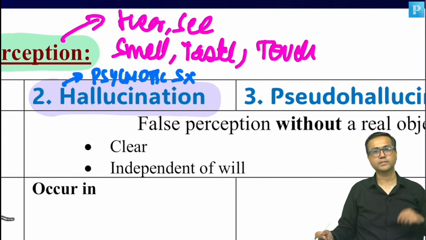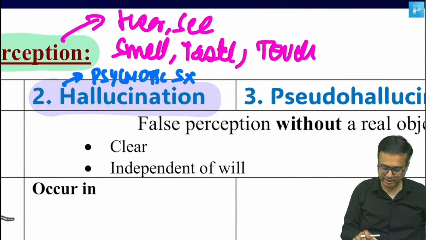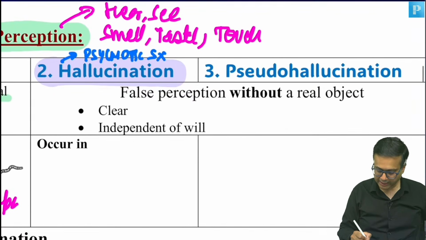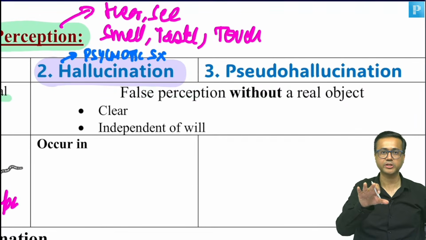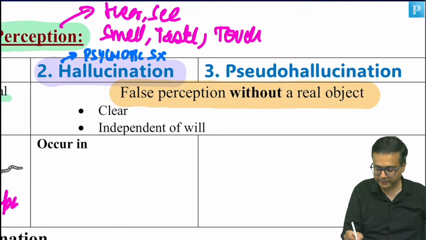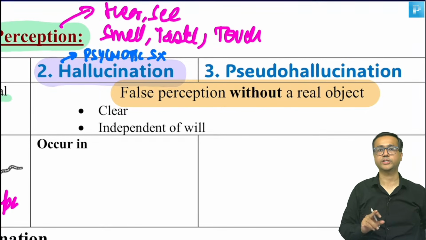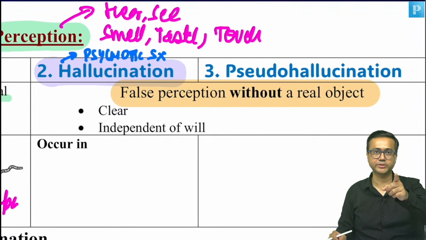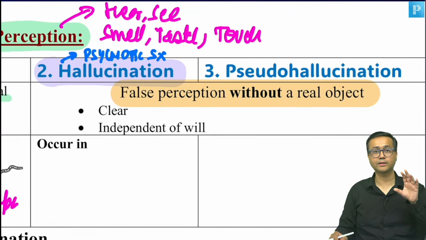Remember, hallucination also is a psychotic symptom. So let's understand what hallucination is. It's a problem of perception. It's a false perception without any real object, like that person who can see another person along with me on the screen, while you cannot see anyone.